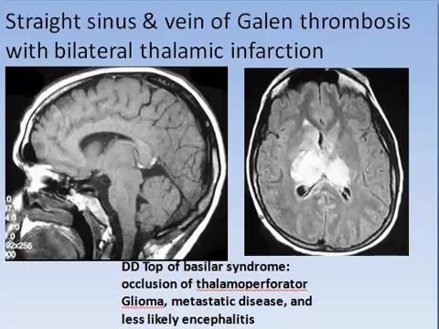Of course, this could be due to metastatic disease, encephalitis, or thalamoperforator occlusion, but here it is due to venous sinus thrombosis of the vein of Galen and straight sinus.